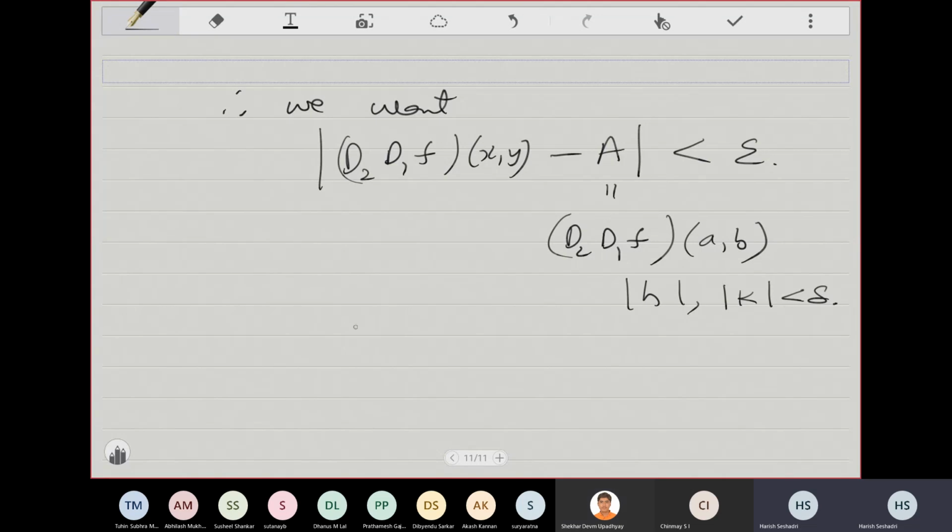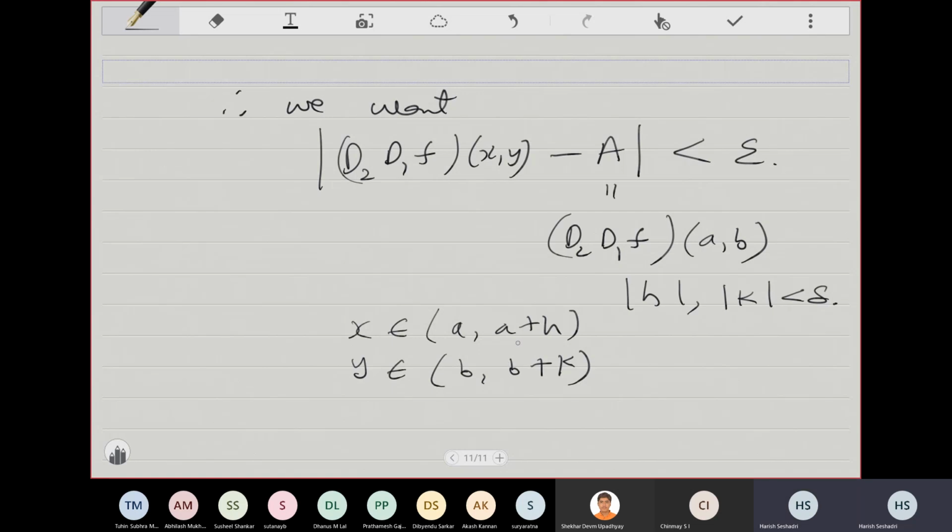The point is just that x, which was obtained from mean value theorem, has to lie between a and a plus h, and y has to lie between b and b plus k. That's all. So if h and k are small, x will be very close to a. Similarly, y will be very close to b.